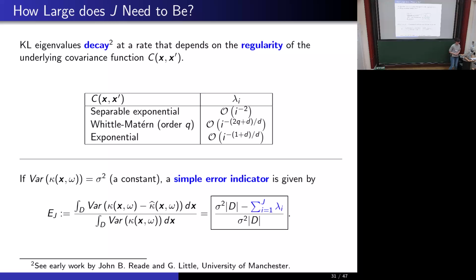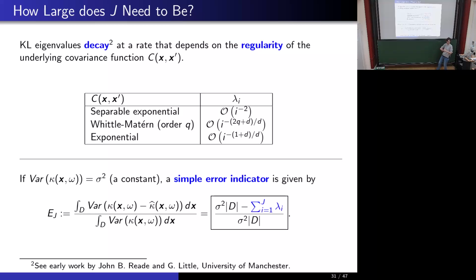Let me show you a quick example of another, engineering-type way that you can assess the error in a truncated field, by looking at this relative error. Sorry, there should be a Z. Z hat, Z. If you truncate the field, you have a new field which has a different covariance and therefore a different variance.